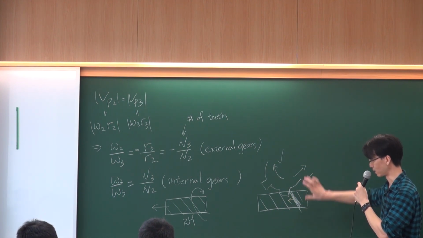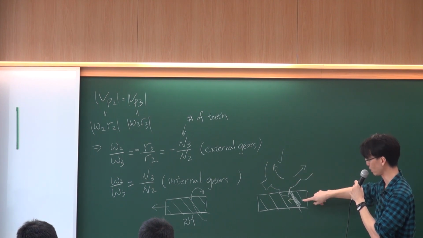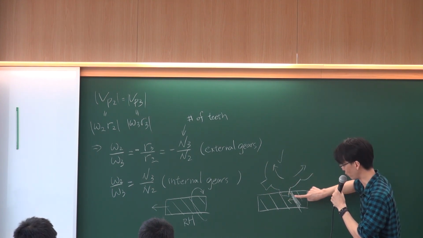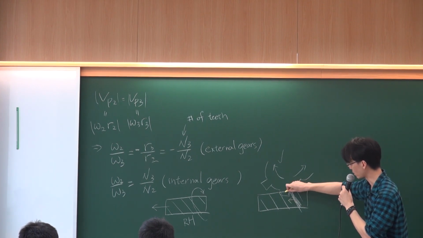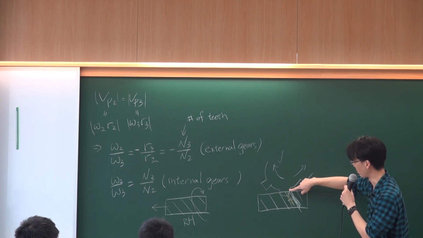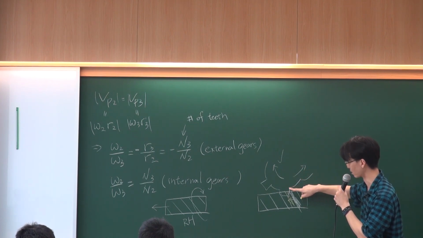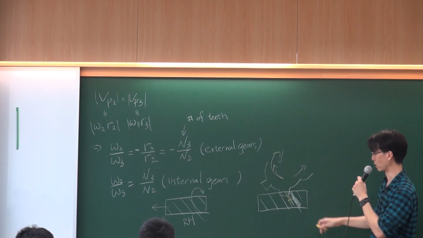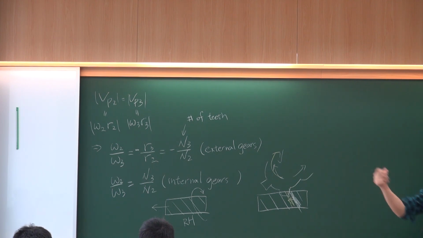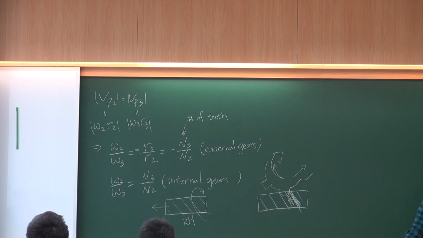If I rotate in this direction, this line is going to move in the direction of the arrow. If this line moves here, it's going to push this tooth in this direction. So it's going to rotate in this direction. That's the same as the animation.